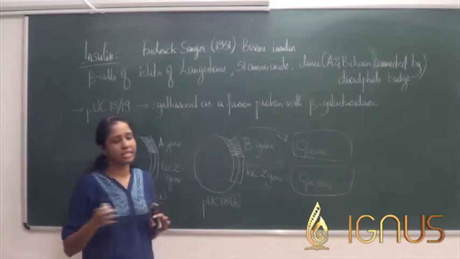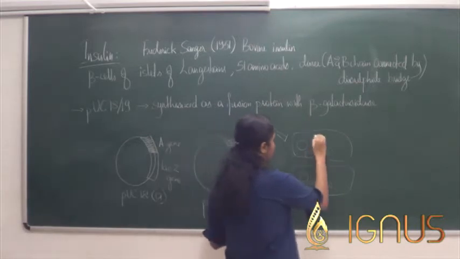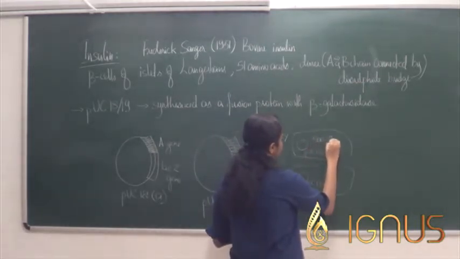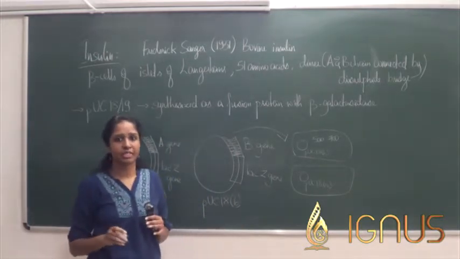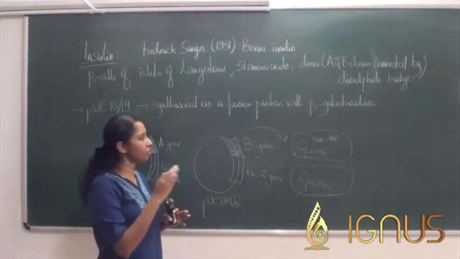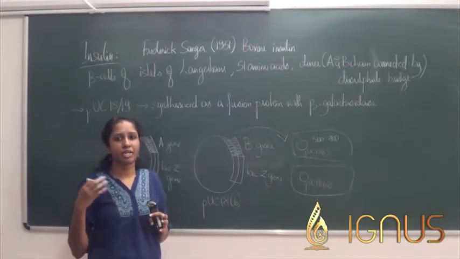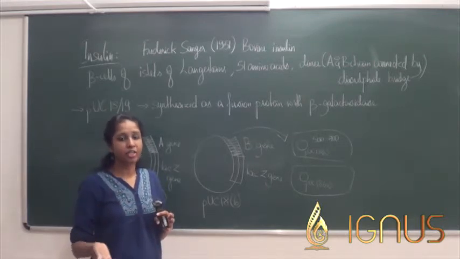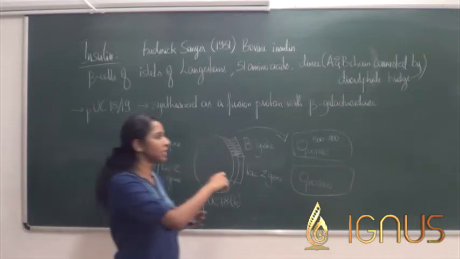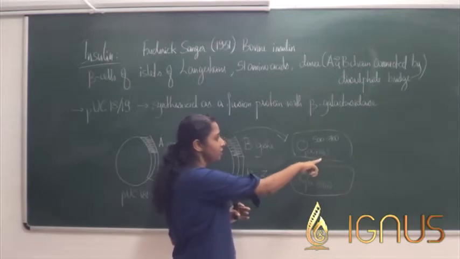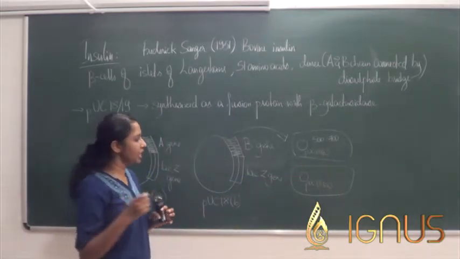Of course, pUC18 and pUC19 have a very high copy number, anywhere between 500 to 700. So each bacterial cell is going to contain 500 to 700 copies of the plasmid, and each plasmid is going to give rise to the gene product, which will be a fusion protein containing beta-galactosidase attached to either the B subunit or beta-galactosidase attached to the A subunit.